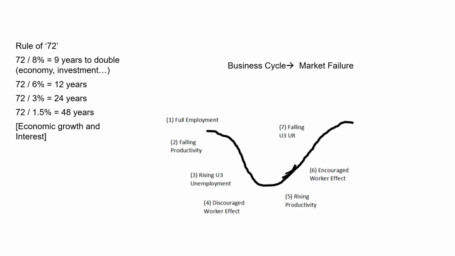They're not employed just yet, so the unemployment rate actually goes up. And this is not a bad sign, it is a good sign. That's the encouraged worker effect, again, where the unemployment rate actually goes up. And then finally, when we're moving along, getting the economy moving back to full employment, that U3 unemployment rate drops down, right?